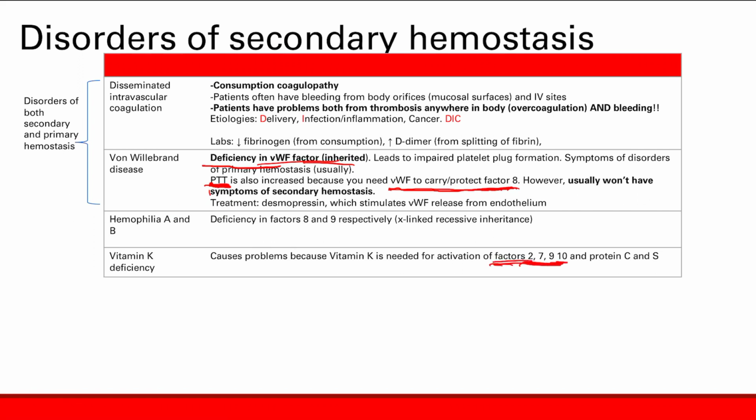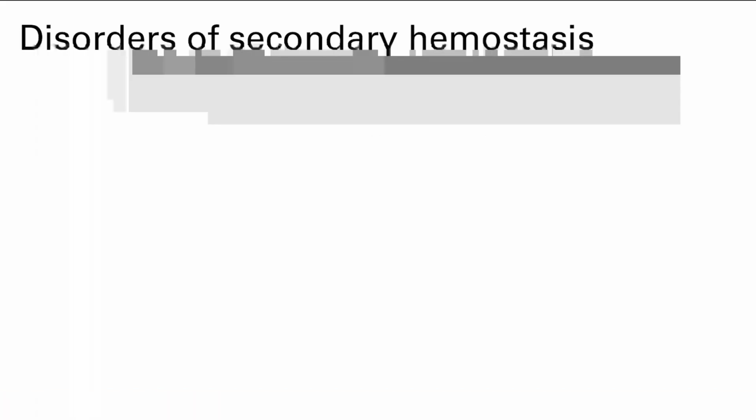If you don't get activation of these, you have problems with coagulation. You get bleeding, and that's secondary hemostasis. Finally, we have clotting factor inhibitors. So this is when you get an acquired antibody against a coagulation factor, and that leads to impaired function of that clotting factor.